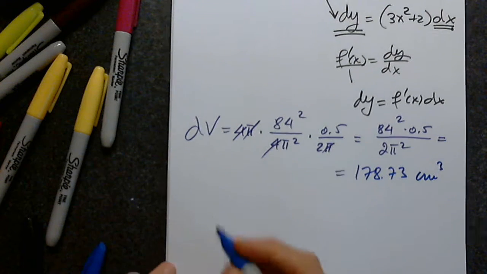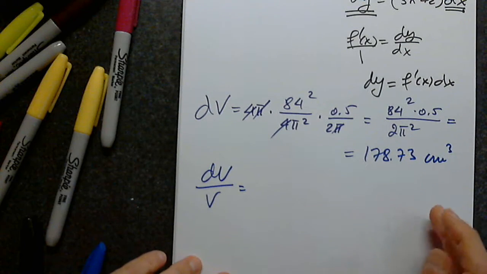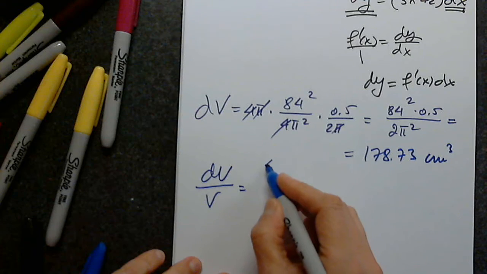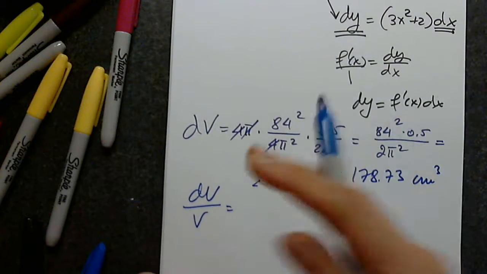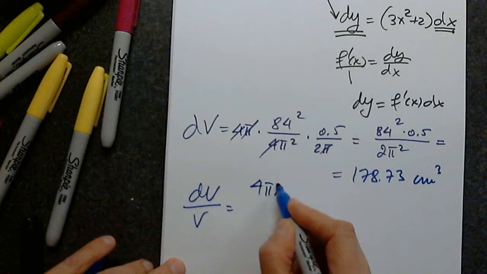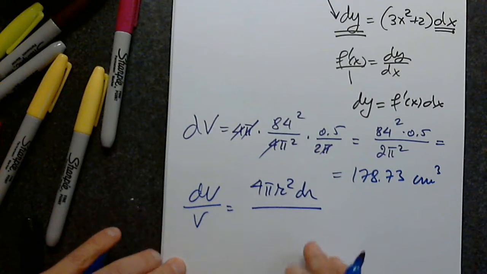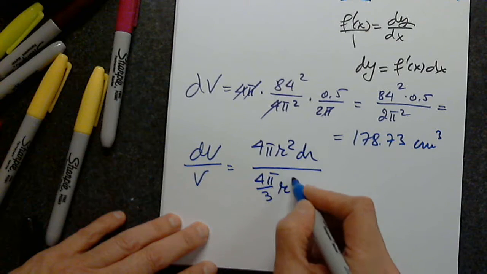So now, of course, we want dV over V as the relative error. So I will copy 4 pi r squared dr over the volume, which is 4 pi over 3 r cubed.